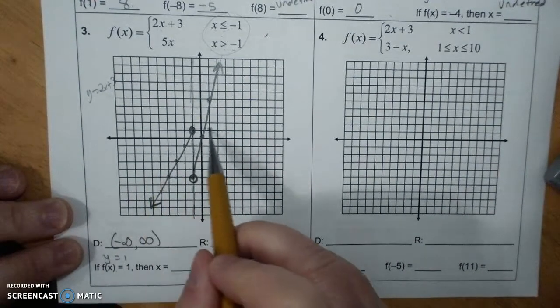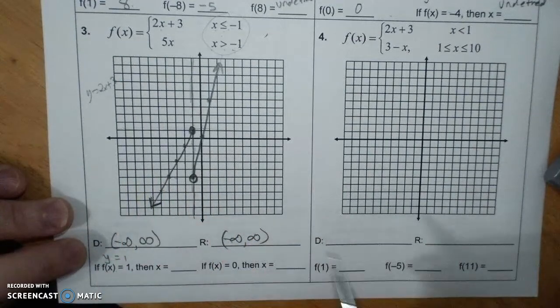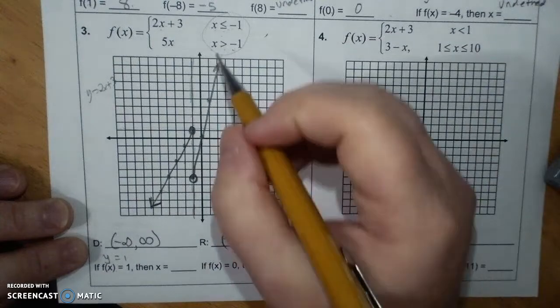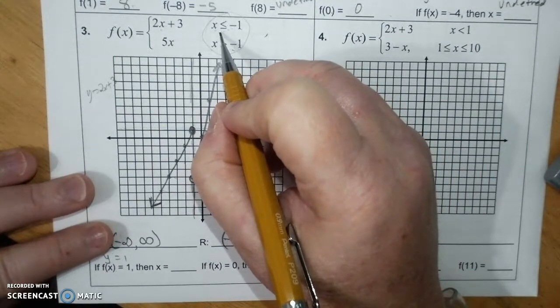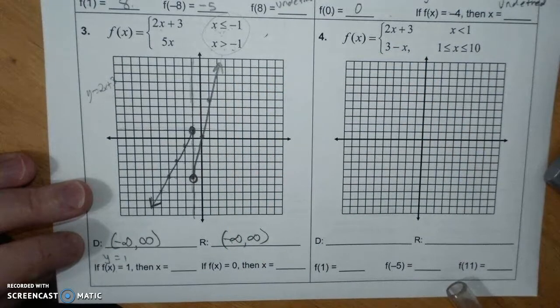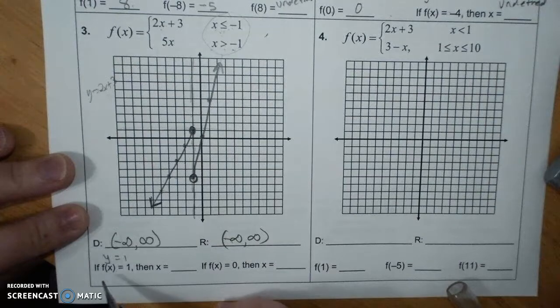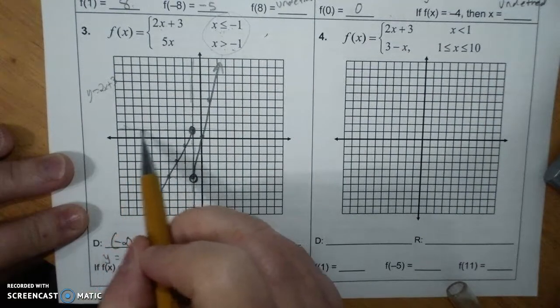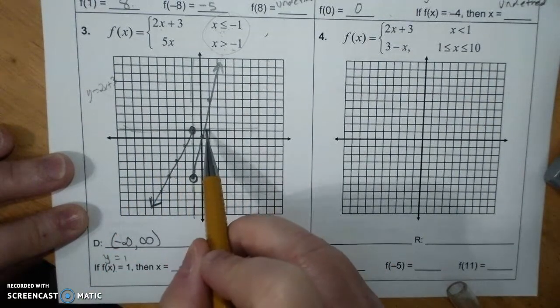I'm going to come right here. Okay? Y equals 1 is in this function. So when I say y equals 1, I'm going right here, and it hit both lines. It hit a closed dot and it hit the line.